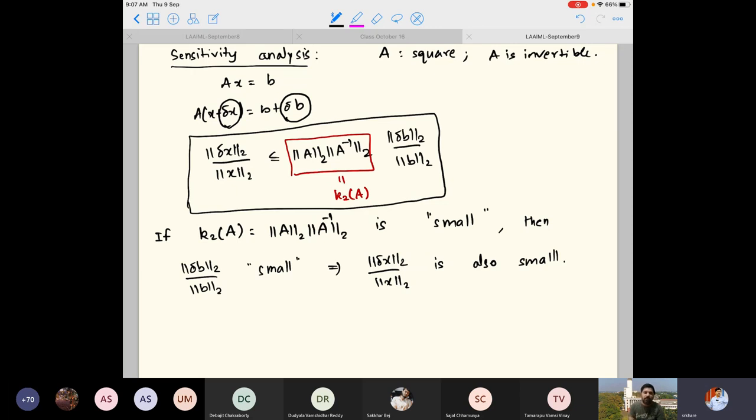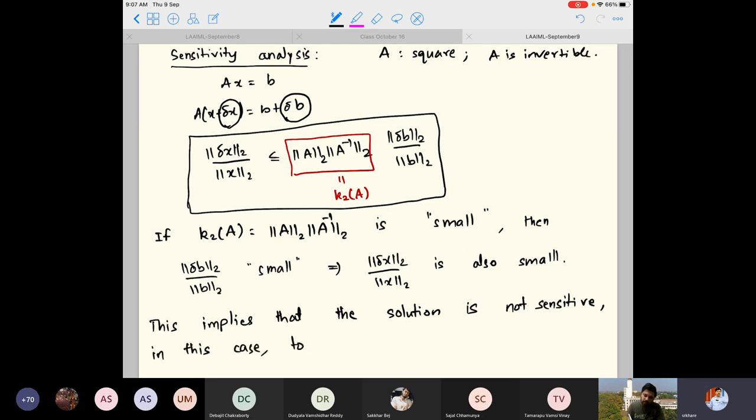This really means that the solution is not sensitive in this case to perturbations in b, because x is only slightly changing.